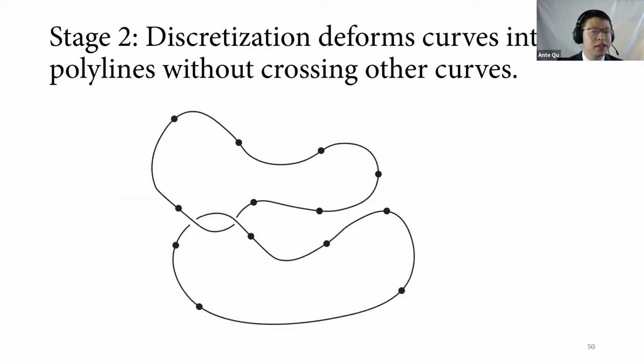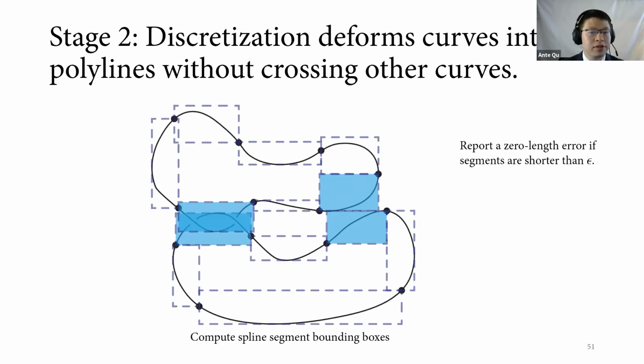The second stage is discretization to convert the curves into polylines. We start with the segmented curve and compute 3D bounding boxes around each segment. At this stage, we detect any zero-length segments so that the user knows to throw them out because they can cause problems in computing the linking number.